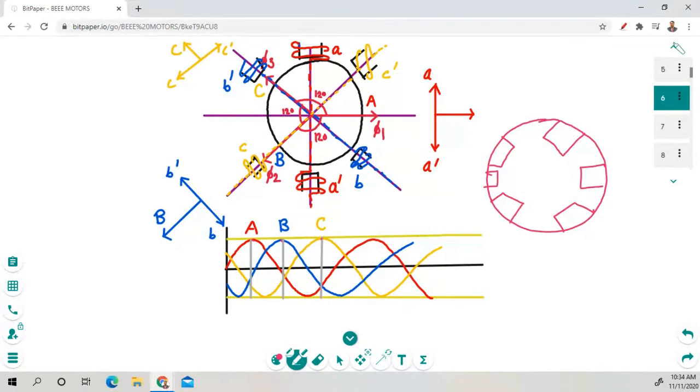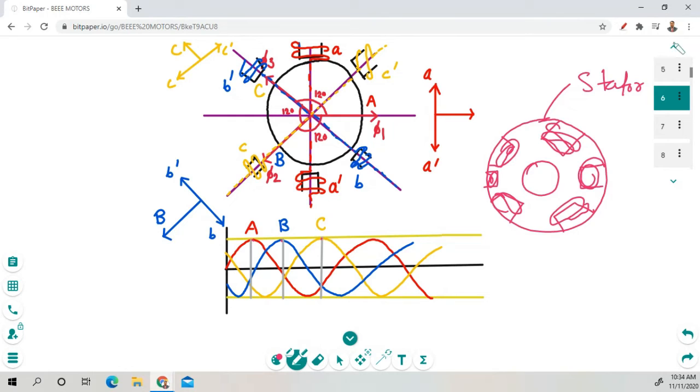This outer portion is the stator portion. Inside this we place the rotor part. We have to place some winding right here in the stator part.